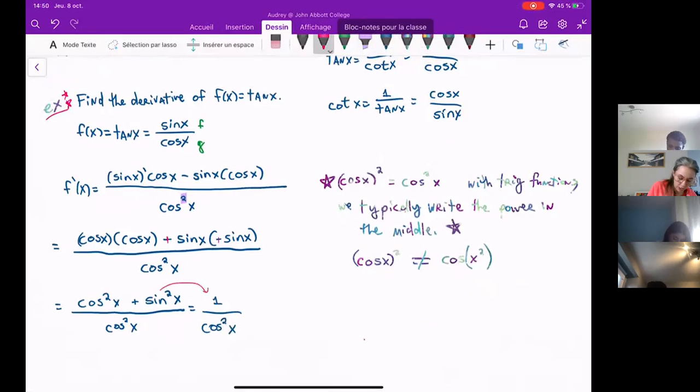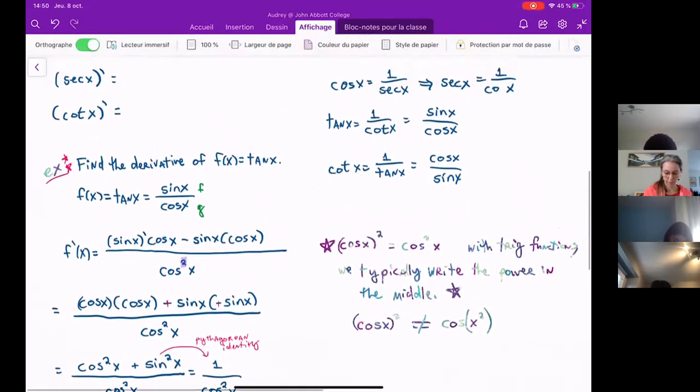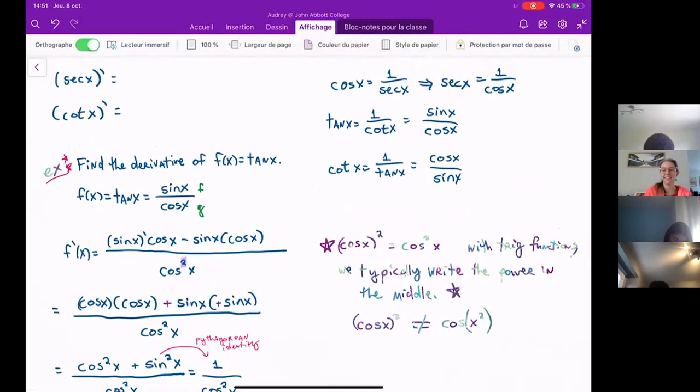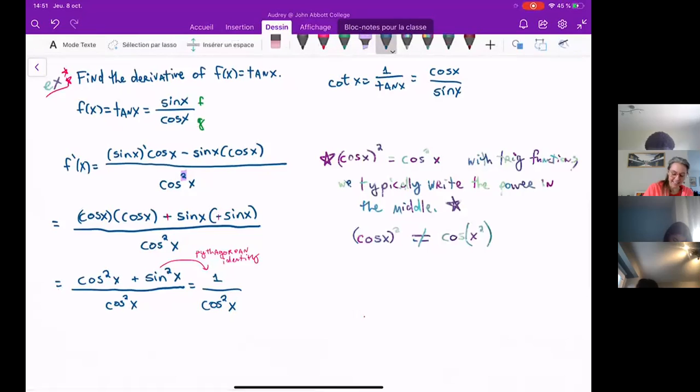And this right here is just my Pythagorean identity that we reminded ourselves of earlier. What was 1 over cosine equal to in our reciprocal identities? You got it. It was equal to secant. So this is equal to secant squared x.